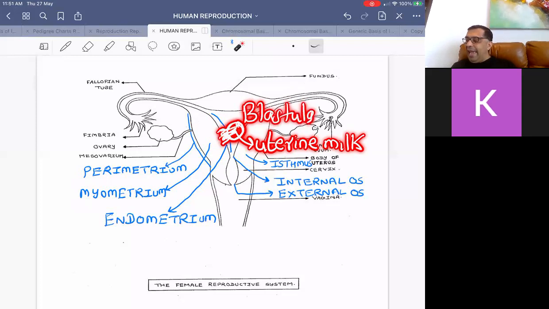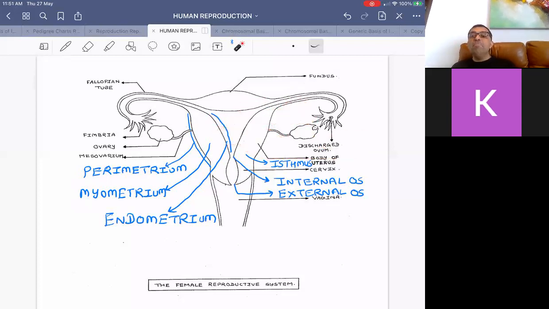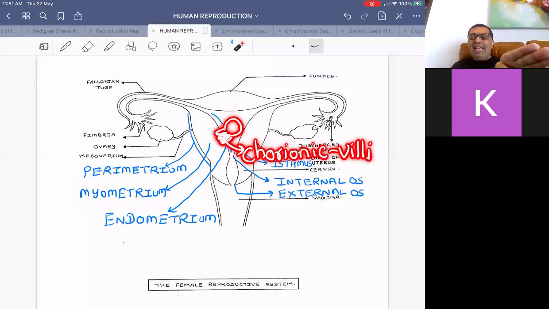And morula से blastula बन जाता है fluid filled with the help of uterine milk. And then the blastula starts forming finger-like projections which are called chorionic villi. And chorionic villi now bury into the endometrium.